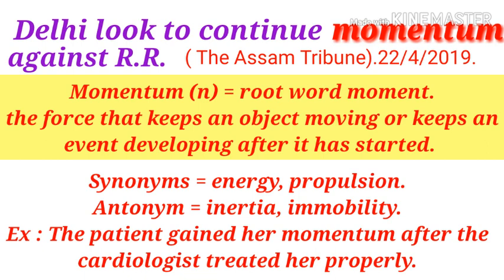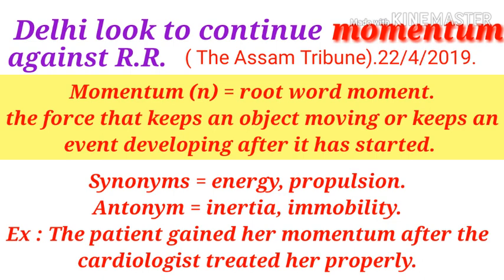So in this sentence, the word momentum is a little bit tough. So I want to tell you the meaning of this word so that you can understand the sentence completely. Okay? Please note it down. Let's find the meaning of the word momentum.